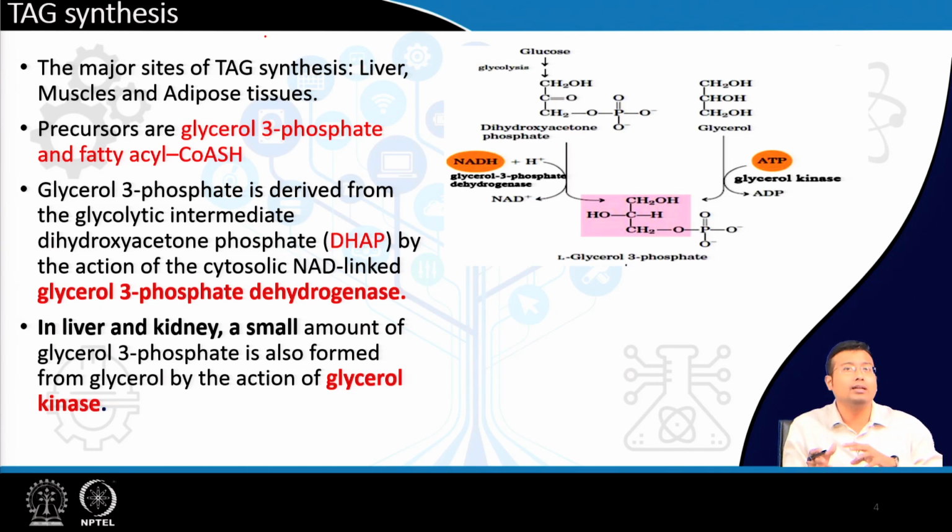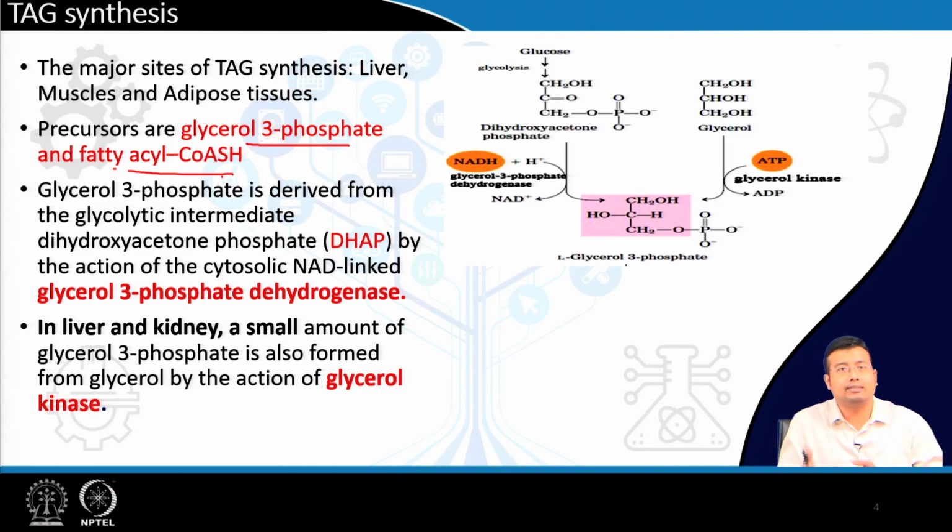We discussed during fructose metabolism as well as during glycolysis that these intermediates can be channeled towards the synthesis of multiple lipids. So, this is the area where we are continuing from carbohydrate metabolism to lipid metabolism. Now, see the beauty of it, the precursors being glycerol 3-phosphate and fatty acyl coenzyme A. How do we get fatty acyl coenzyme A?